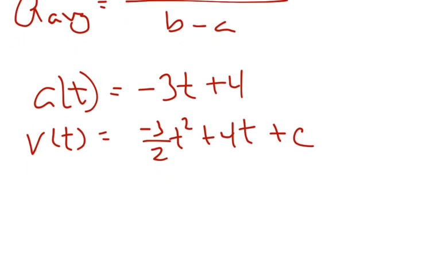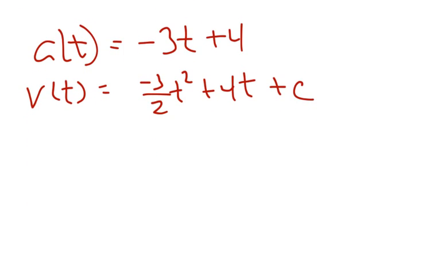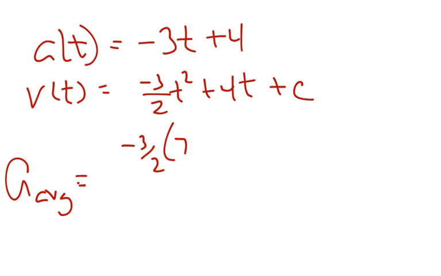And we don't have any information with which to calculate that constant at the moment, but to get the average acceleration, we would take negative 3 halves of 7 squared plus 4 times 7 plus c. That's our v of b, rather.